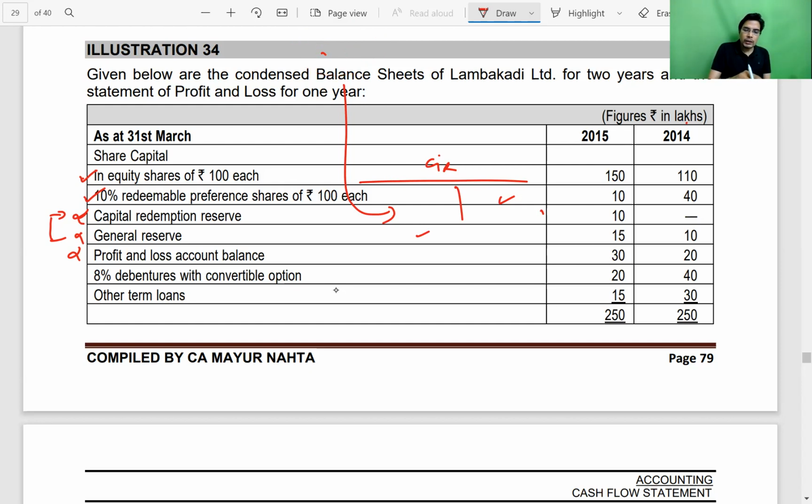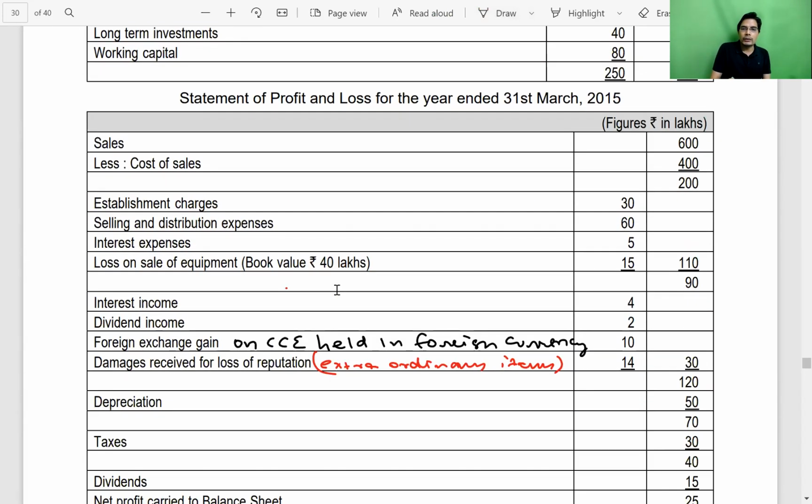If in this question they had asked us to prepare the cash flow from operating activity under indirect method, then in this question also this information would have been ignored. The reason being, they have already given us the statement of profit and loss. So if they have already given us the statement of profit and loss, we don't have to determine the net profit before tax from the difference in PL plus transfer to reserve formula.